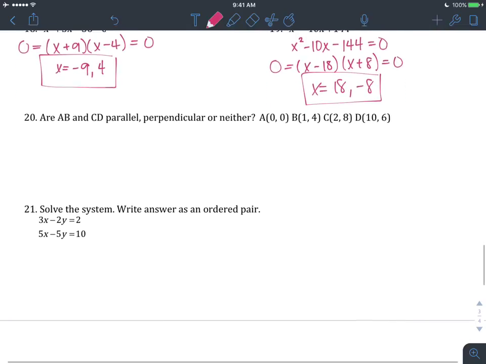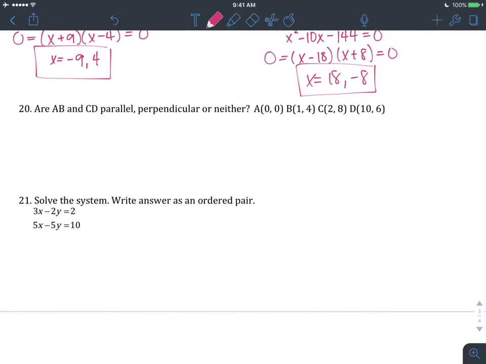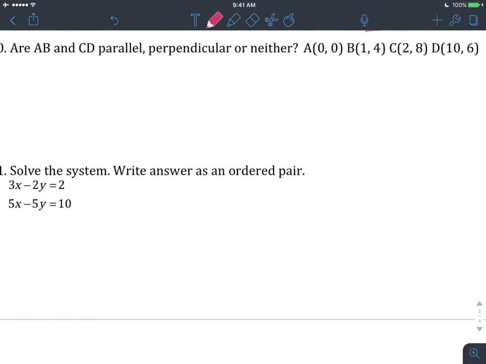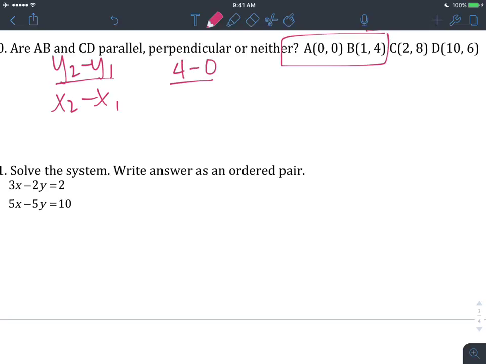Okay, are AB and CD parallel, perpendicular, or neither? So you're going to have to use your slope formula, y2 minus y1 over x2 minus x1. So the slope of AB, we're going to have 4 minus 0 over 1 minus 0, which gives you 4 over 1, which is 4. Okay, that one's pretty easy.